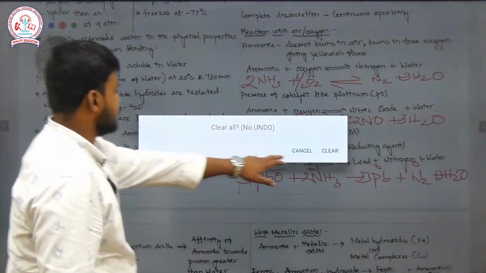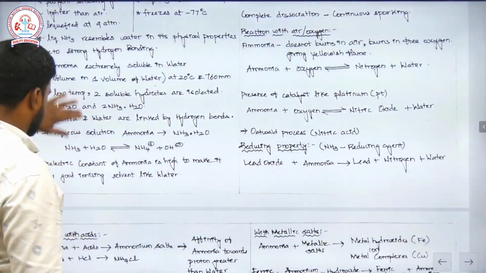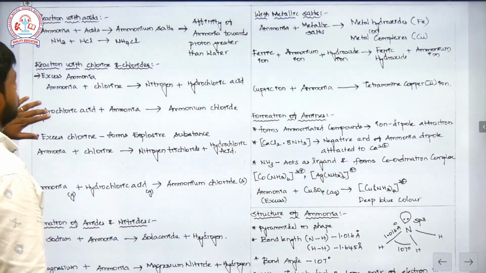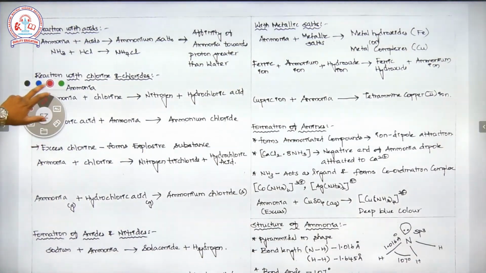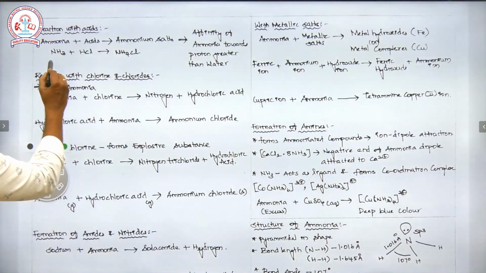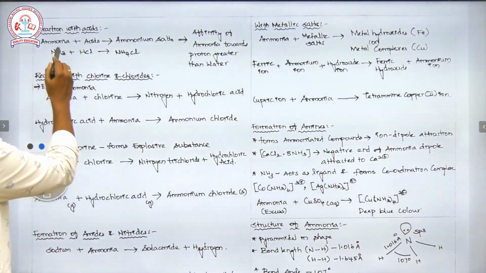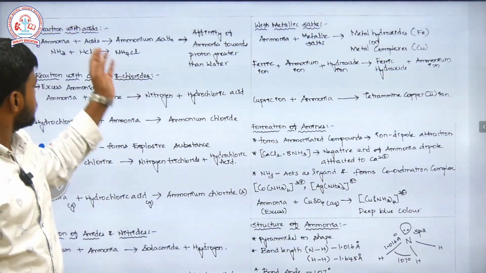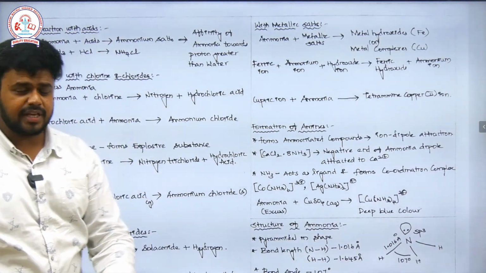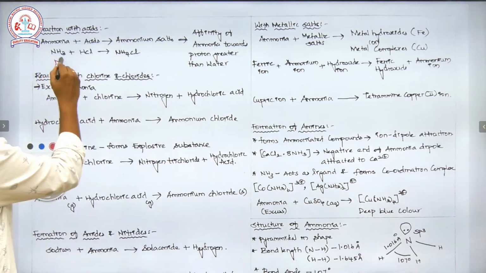Then the next one is reaction with an acid. Ammonia reacts with an acid and forms a salt. Ammonia reacts with an acid to form an ammonium salt. When NH3 reacts with HCl, it forms NH4Cl, or you can take any other acid like sulfuric acid.